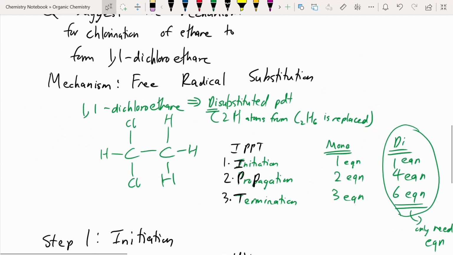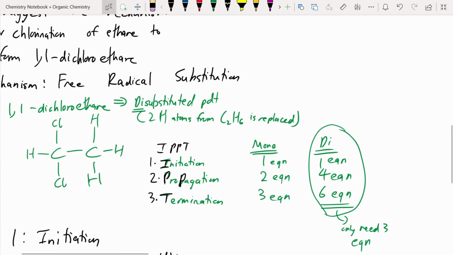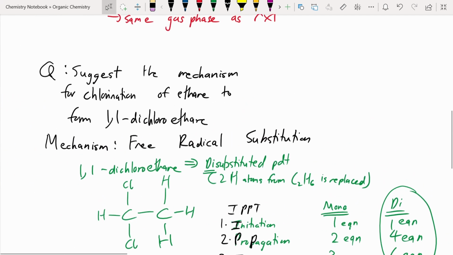Remember the reaction. The reaction here is the chlorination of ethane. Ethane is C2H6.